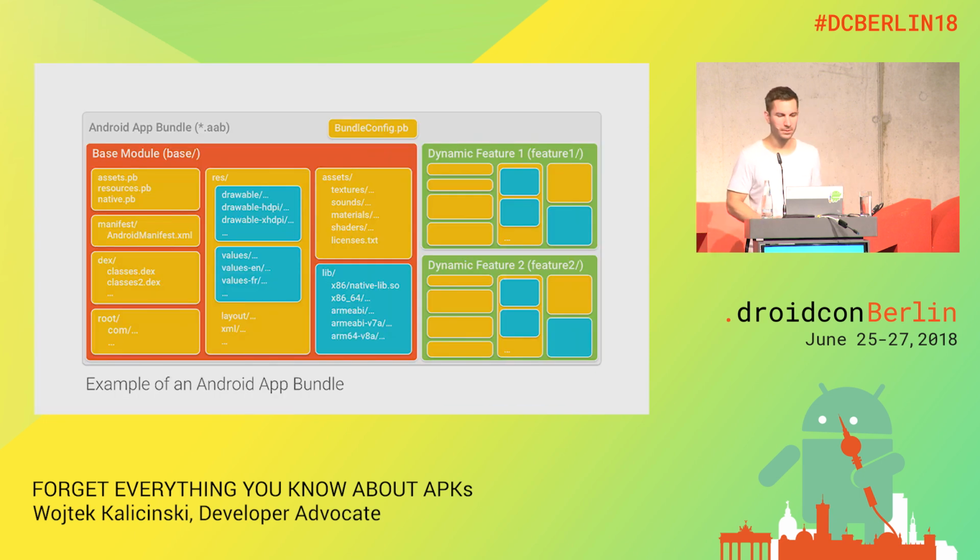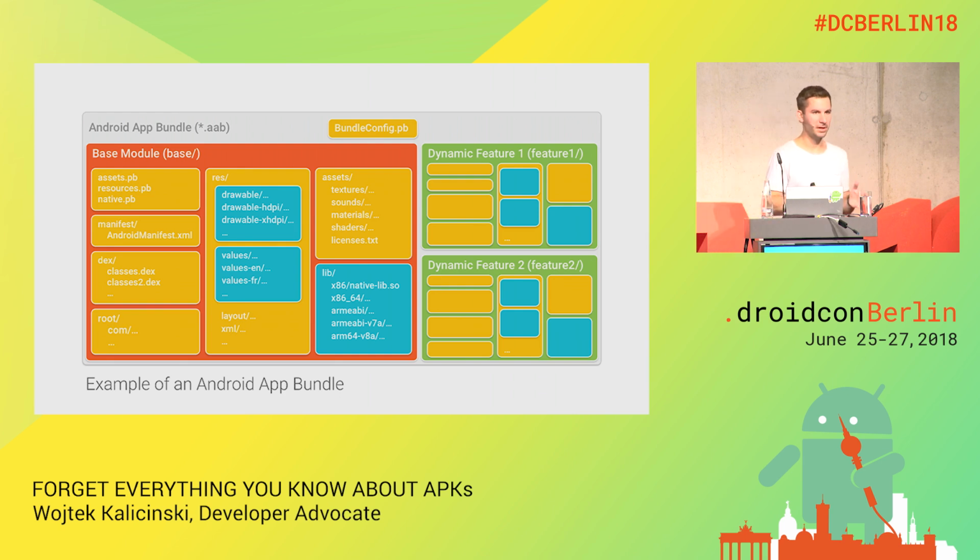So this is how the bundle looks like. I took this from our documentation page, and you can see it's a little bit different from the APK format or from the Instant App bundle. First of all, at the top level, it actually has directories that correspond to the modules that you have in your project. Well, it's not a one-to-one mapping. I will talk about it in a sec.